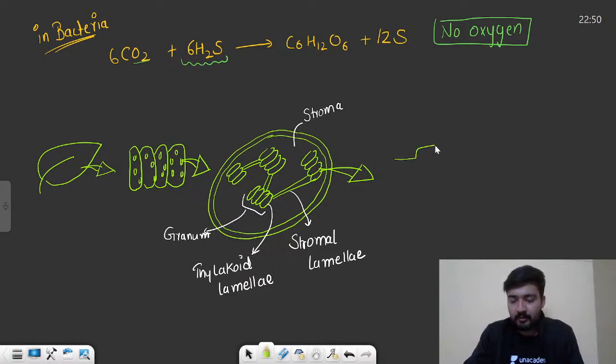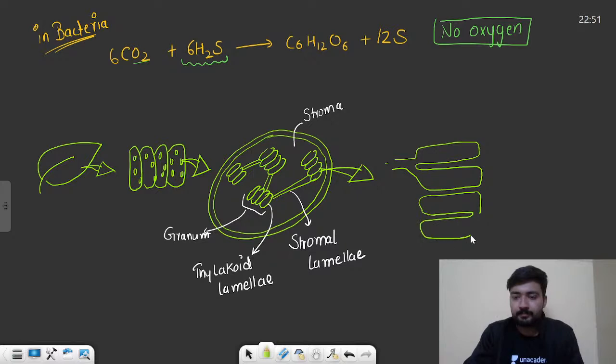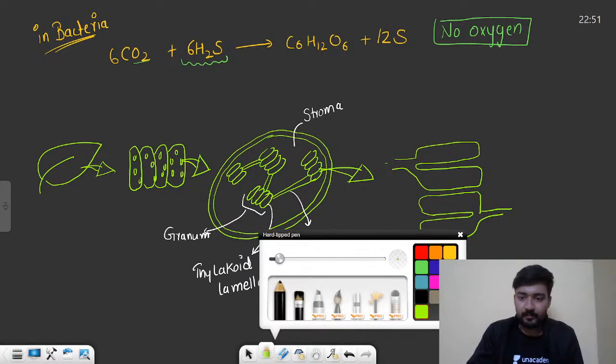So we have this thylakoid, and it is making the other part like this, and this appears something like this. And all the other thylakoids are arranged something like this, right? So this is how they are arranged one over the other, and this arrangement gives us two different regions.